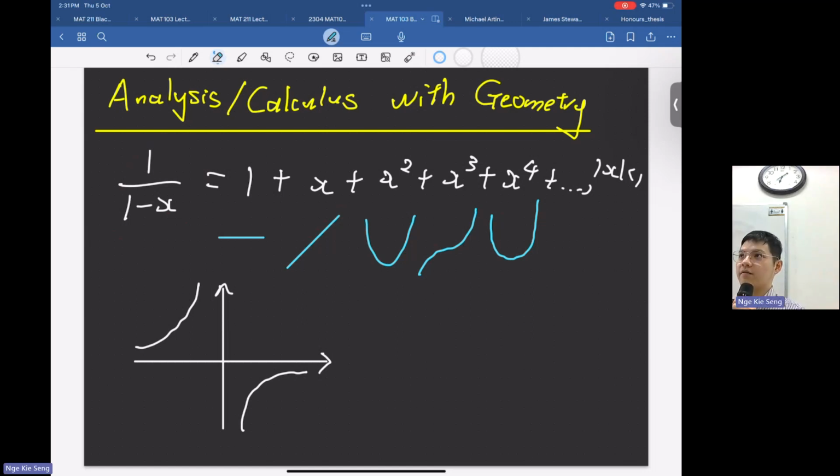To the right or to the left? Let's check. When x equals 0, 1/(1 minus x) is 1. So you will intercept at 1. So you go.